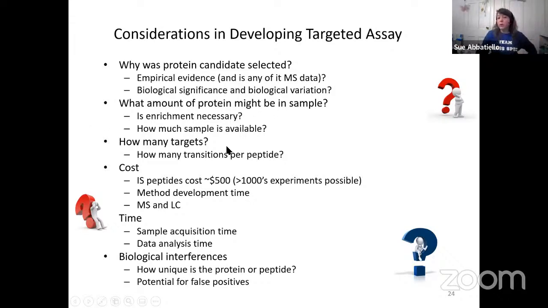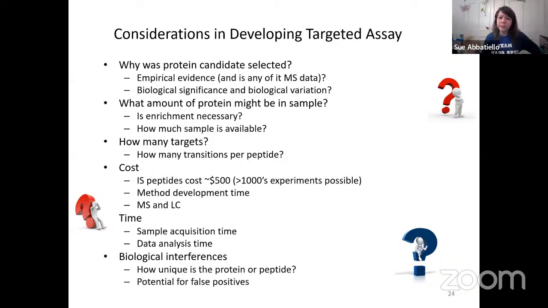You also want to think about what amount of the protein might be present in the sample. So we know currently we can measure about 100 or so, maybe less, attomoles of a peptide in about a microgram of sample when doing nanoflow on conventional LCMS. That's without enrichment, that's without fractionating. So how much of your starting material do you need to get about 100 attomoles of protein?